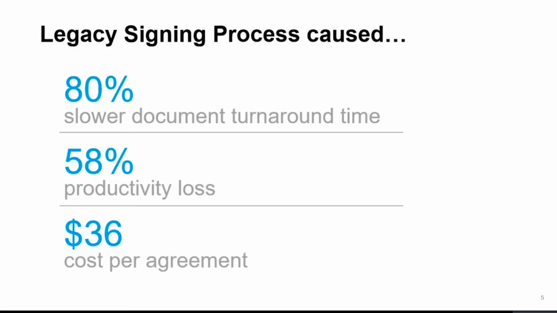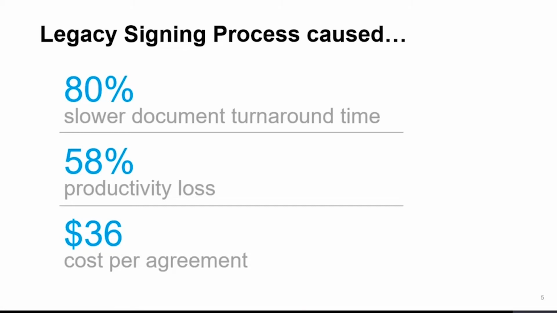And why is the legacy signing process a problem, and what's wrong with it? It basically causes the turnaround time to be slower compared to moving to electronic signatures with a digital system.